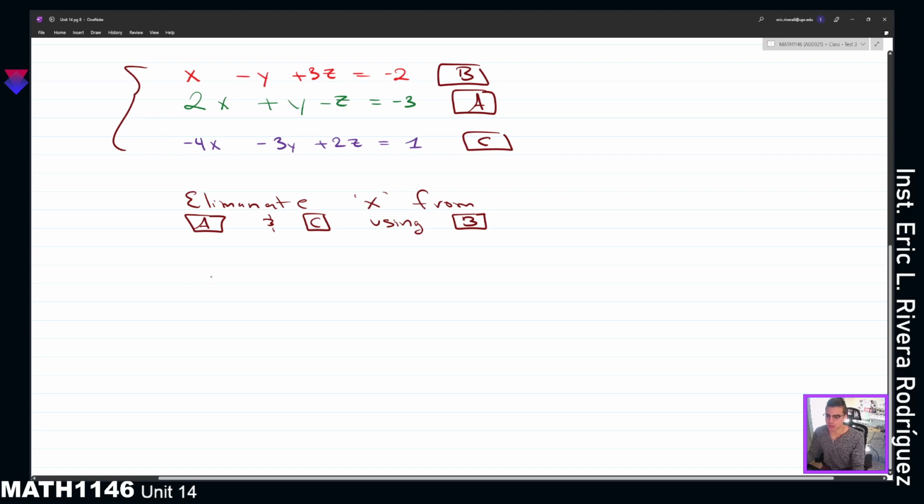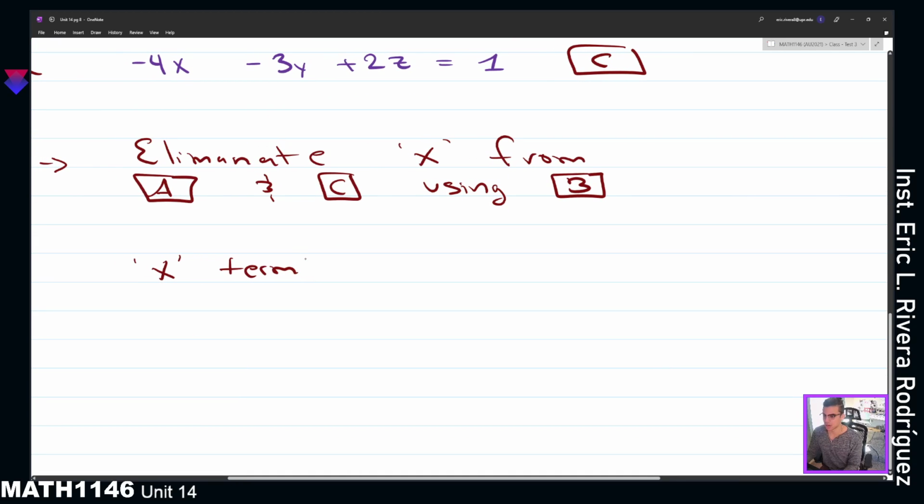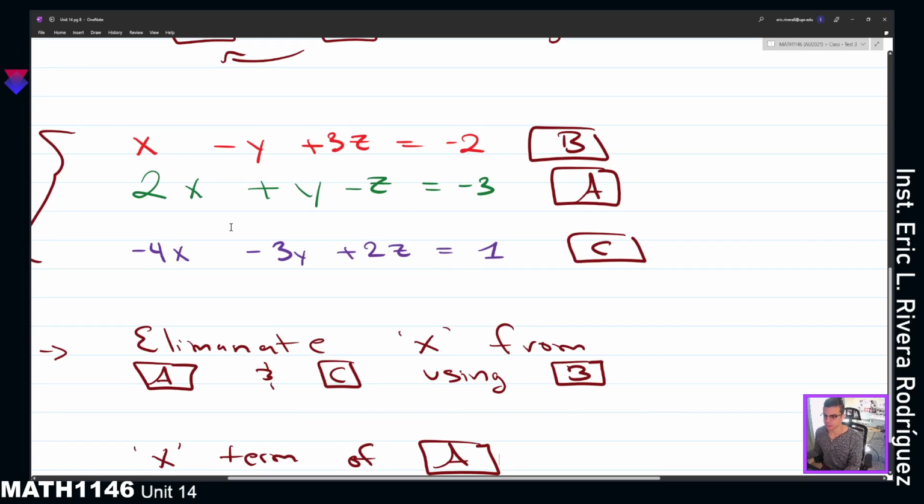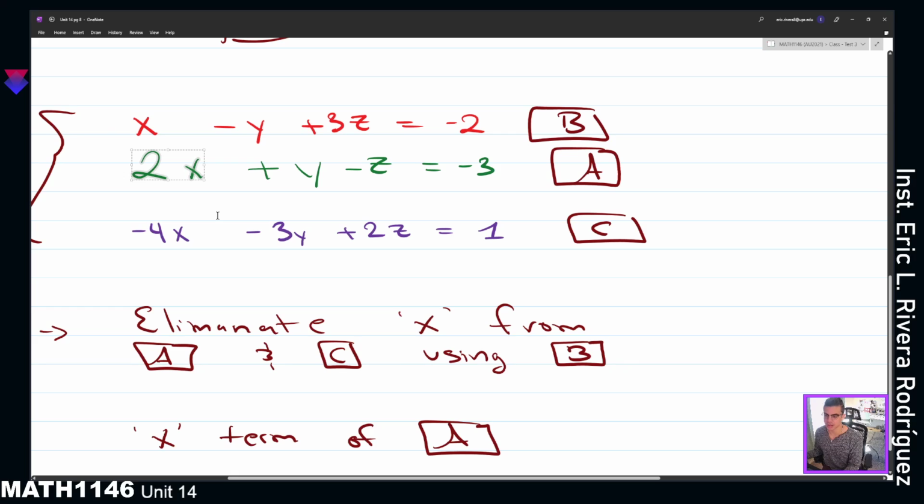So let's focus on the x term of equation A. That term has a coefficient of positive 2.